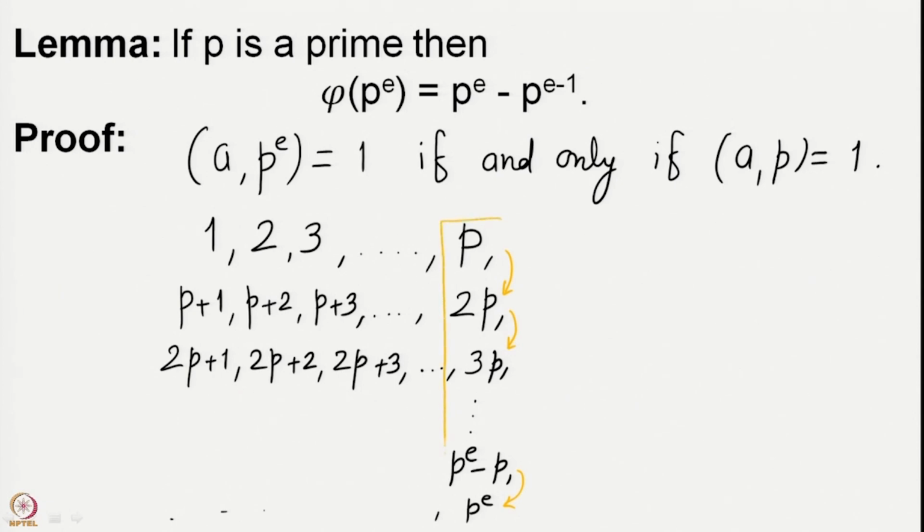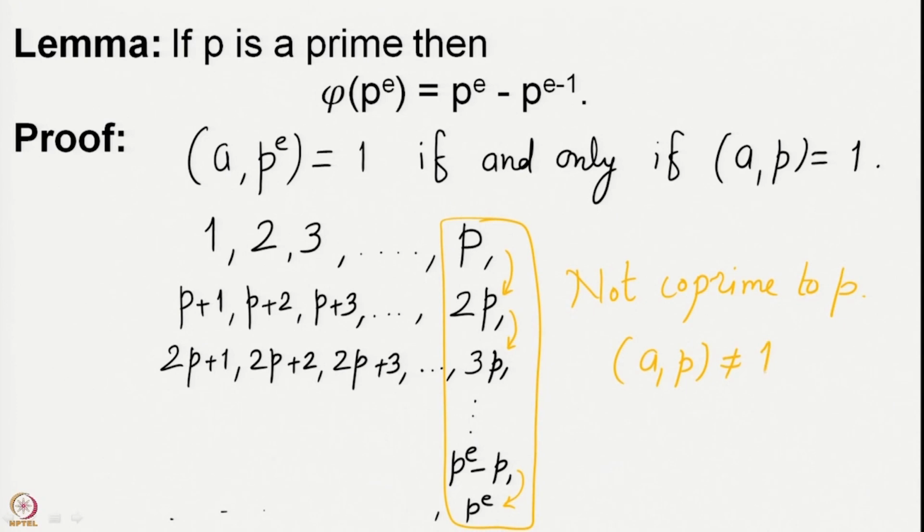And these are the only numbers which are not co-prime to p, because to have GCD(a, p) not equal to 1 is equivalent to p dividing the number, and we have counted exactly the multiples of p going from 1 to p^e.